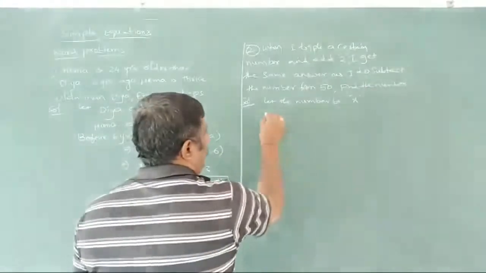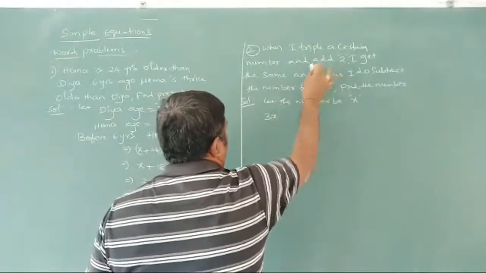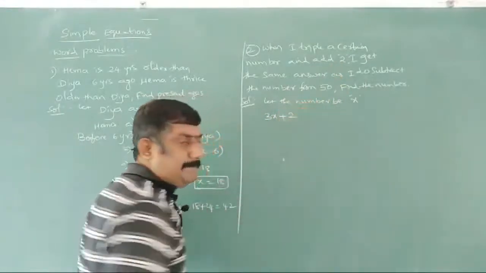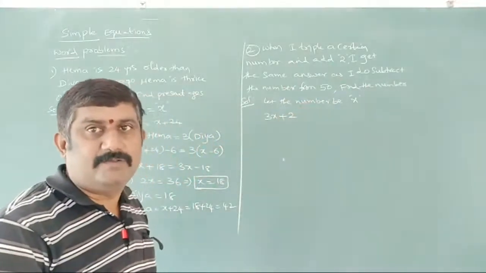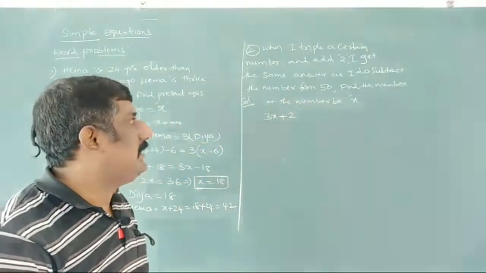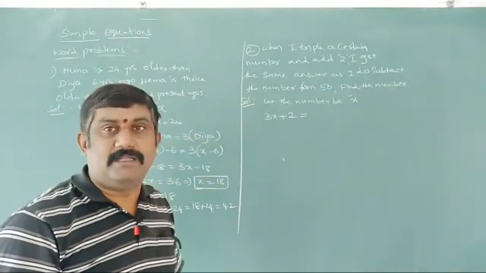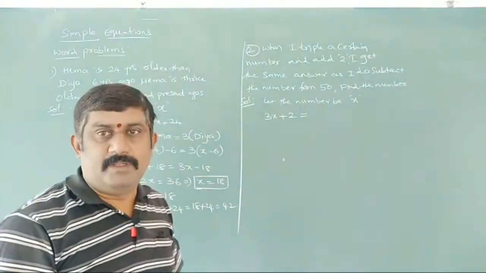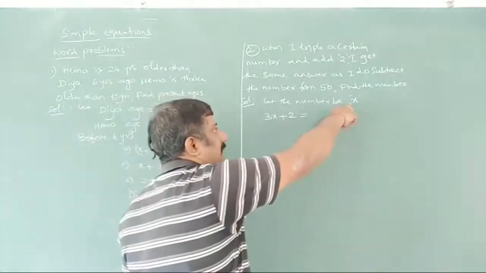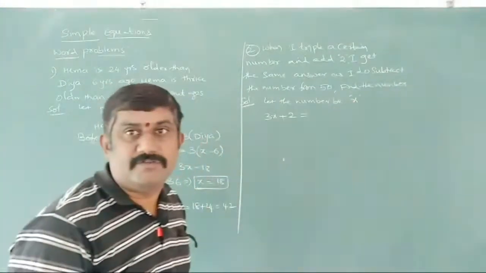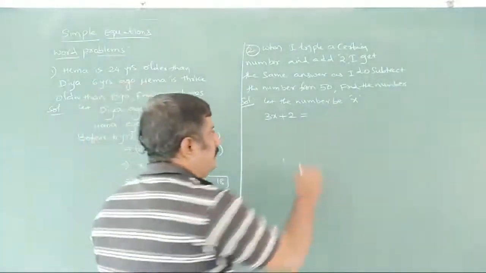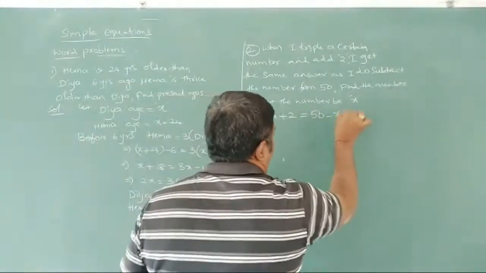So triple, nothing but 3x. Now what are you adding here? Plus 2 we are adding. 3x plus 2. And the same answer, same means equals to, I do subtract the number from 50. Which number? The given number, the assumed number x, which we are subtracting from 50. So this is nothing but 50 minus x.